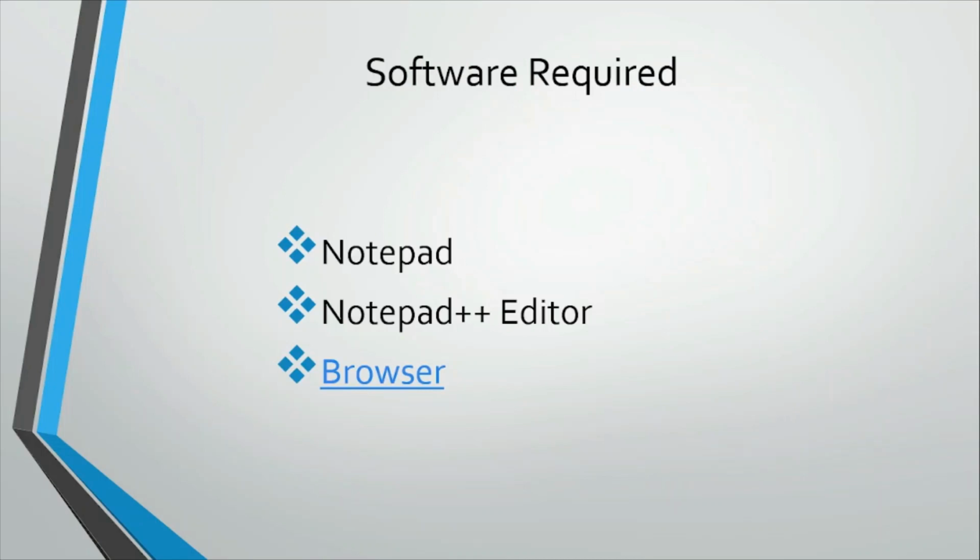But there is the Notepad++ editor that is used to highlight the HTML tags. If the syntax of the tag is wrong, it will be represented as normal text. It only highlights and confirms that the syntax of the tag is right. So it is best to make use of the Notepad++ editor.